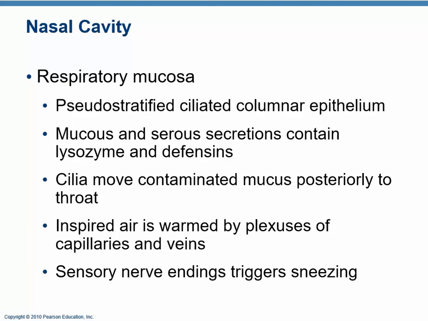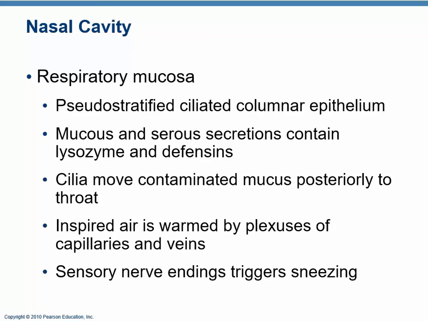Right. The rest of the interior of the nose, the mucosa of the nose, is made of a pseudostratified columnar epithelium, and it's ciliated. We actually saw this last year in the lab. One of the slides that I had you identify was actually respiratory mucosa from the inside of the nose.